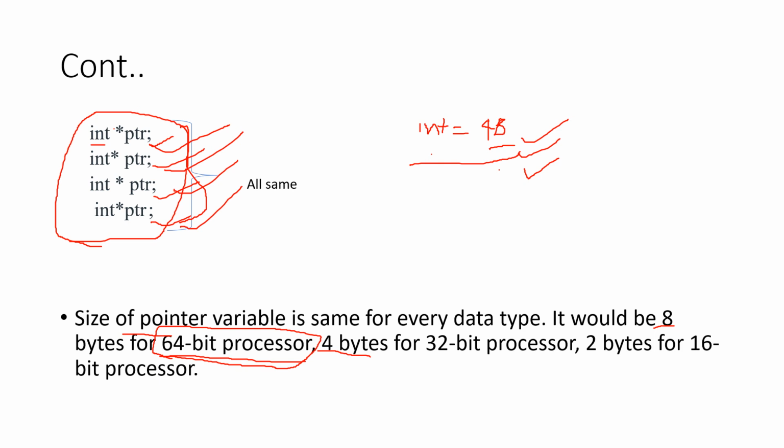A 64-bit processor always gives you 8 bytes for every pointer. If your microprocessor is 32 bit, then all these pointers, either integer, float, or double, will get only 4 bytes.